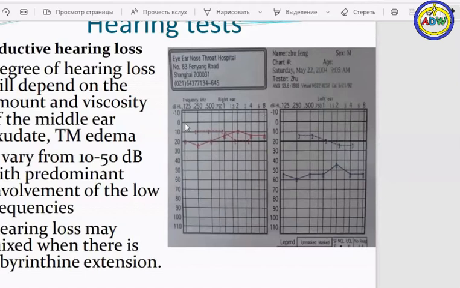For speech, we use conversational speech, mostly from 500 to 2,000 hertz. This is the measure for conversational speech.